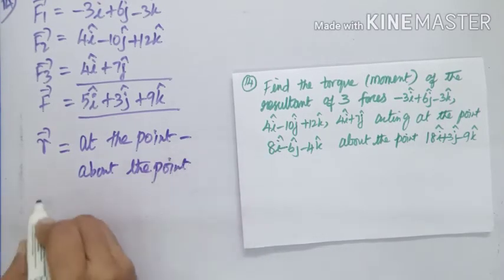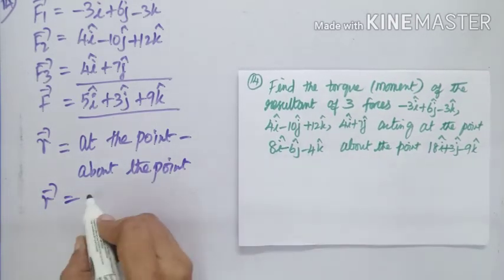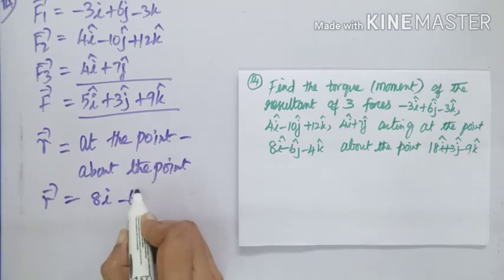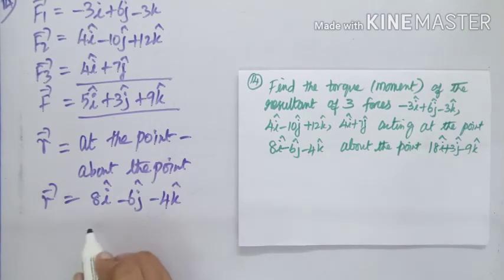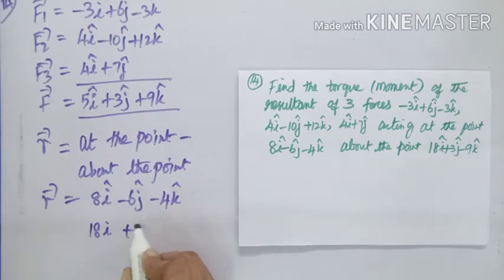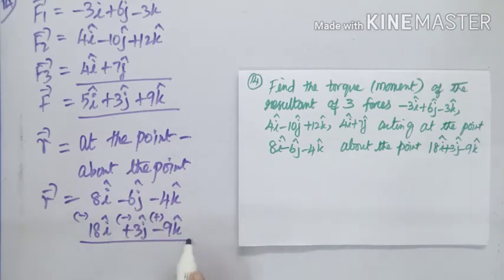It is acting at 8I minus 6J minus 4K. About the point is 18I plus 3J minus 9K. And we need to subtract, so change the symbol. So my answer would be 8 minus 18, minus 10I, minus 9J and it is plus 5K.